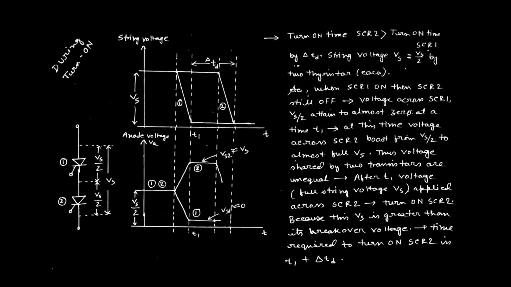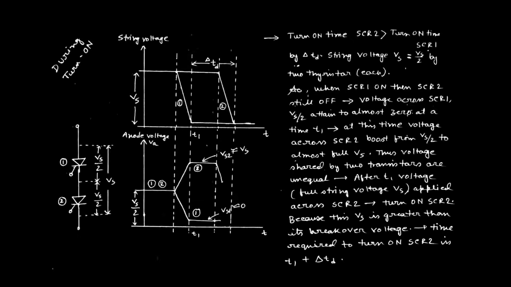See, we know the two SCRs, SCR1 and SCR2, both are connected in a string. And by using that amount of resistance R, the supply voltage Vs is equally distributed, that is Vs by 2 across SCR1, and for SCR2 again Vs by 2.